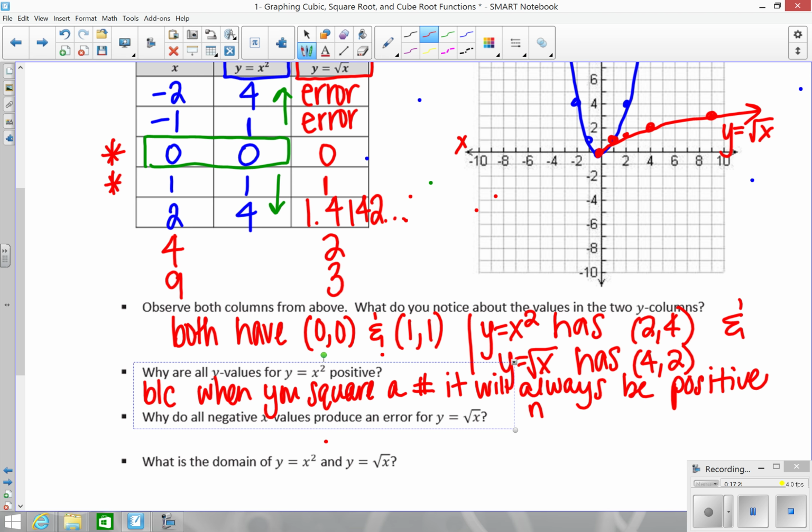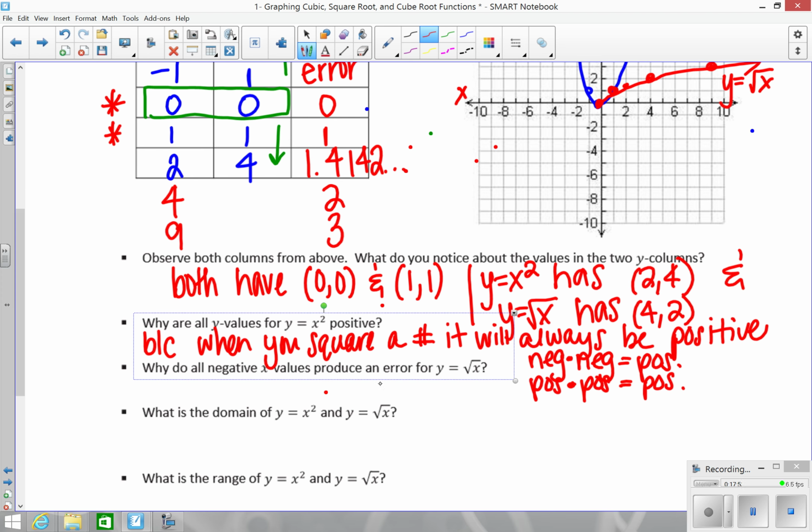And that's because, like I said, a negative times a negative equals positive, and a positive times a positive equals positive. So it doesn't really matter if you started with two negatives or two positives, because when you're squaring, you've got to multiply the number by itself. So you'll never have a situation where it will be a positive times a negative.